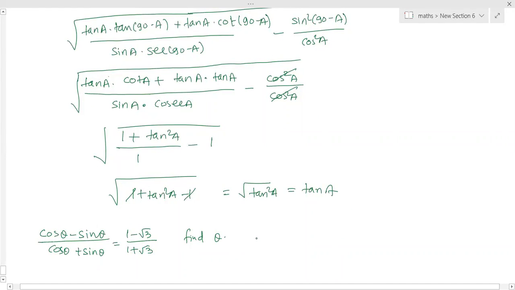Cos theta minus sin theta by cos theta plus sin theta is equal to 1 minus root 3 by 1 plus root 3.